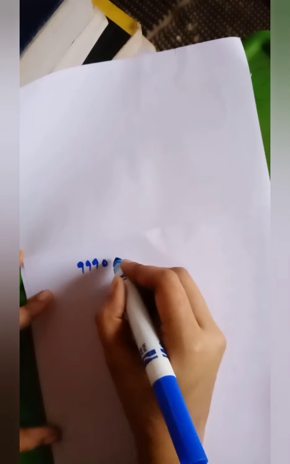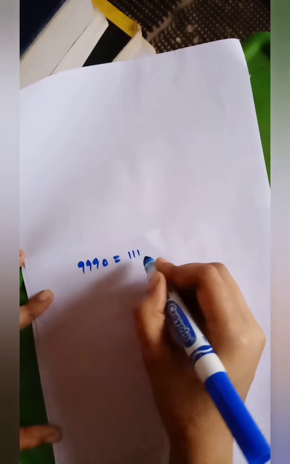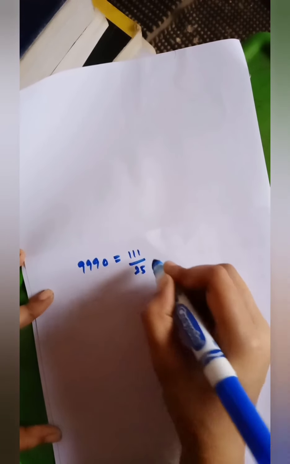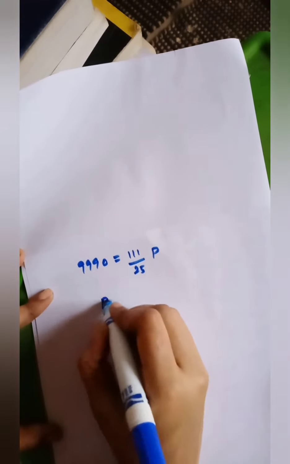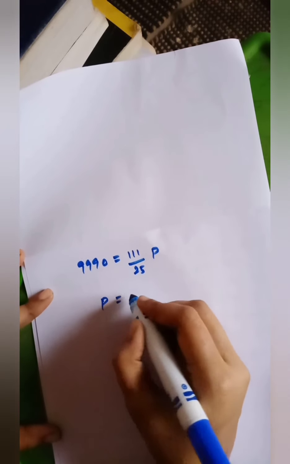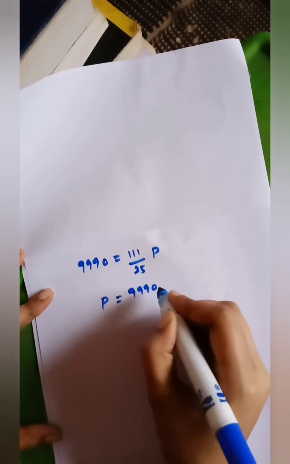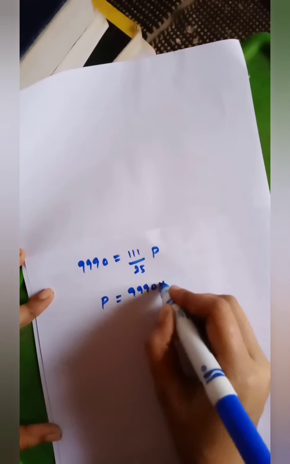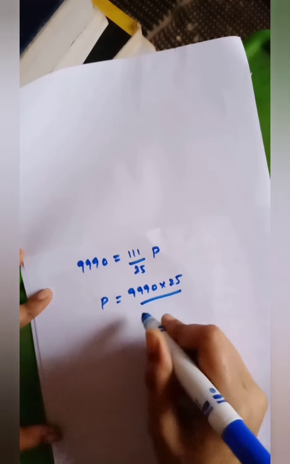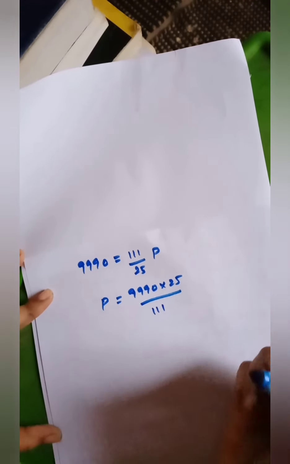So 9,990 equal to 111 divided by 25 p. So therefore p equal to 9,990 into 25 divided by 111.